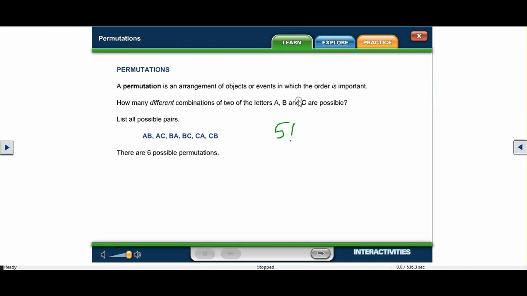Permutations involve arranging objects, events, whatever, when the order does matter. So this is different than when we used the fundamental counting principle and tree diagrams, where it's just arrange them in all the ways possible. In this case, BA is different than AB.